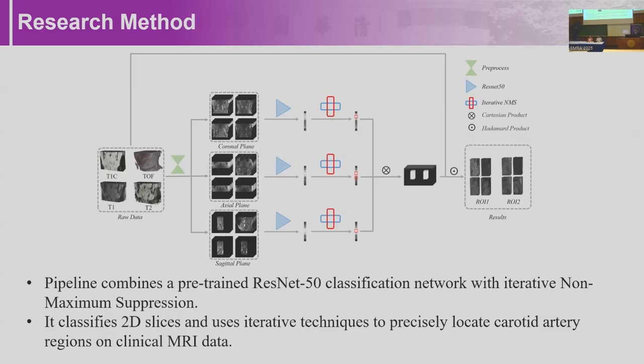After that, we will use iterative non-maximum suppression to find the final candidate window, and we will use Cartesian product and Hadamard product to obtain the final ROI masks and final ROIs.